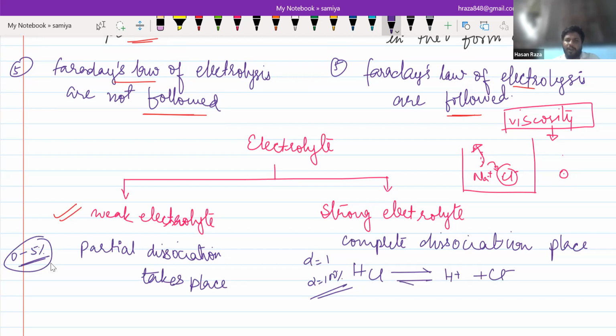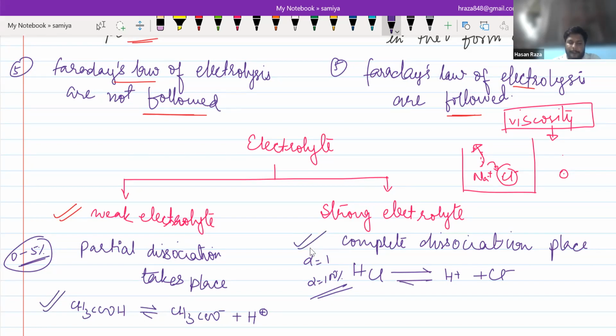According to the question, it can be 40%, 50%. So if you dissociate CH3COOH, that is ethanoic acid, it won't be 100% dissociated, it will be partially dissociated. That's why it is a weak electrolyte.